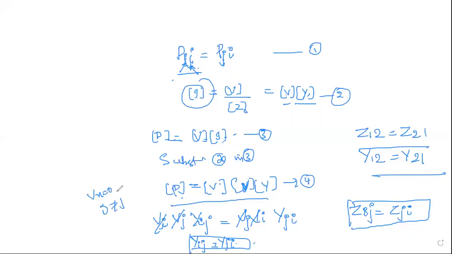The ith port and jth port voltages are not 0. So Vi into Vj Yij is equal to Vj into Vi into Yji. Both voltages will get cancelled. You will be left with Yij is equal to Yji, or for impedance, Zij is equal to Zji. So this proves that impedance and admittance matrices are symmetrical for a reciprocal junction. Is that clear?